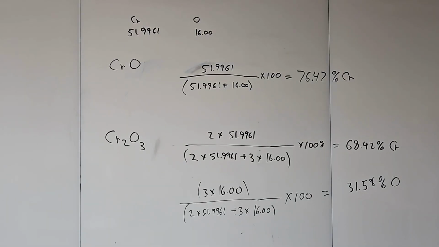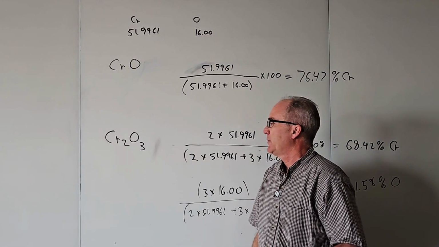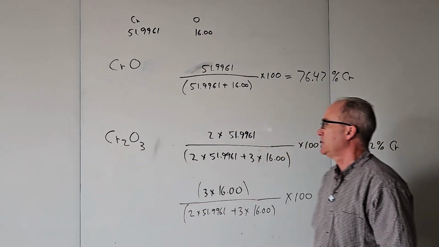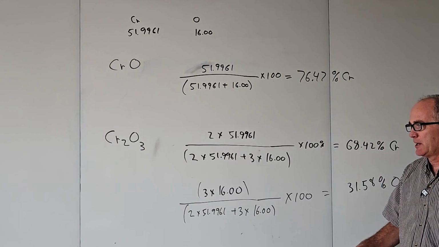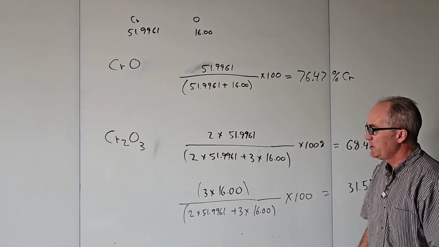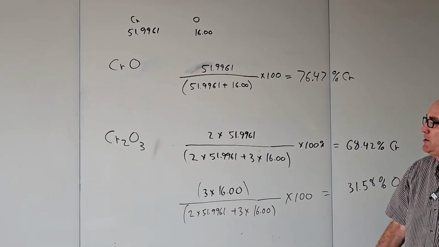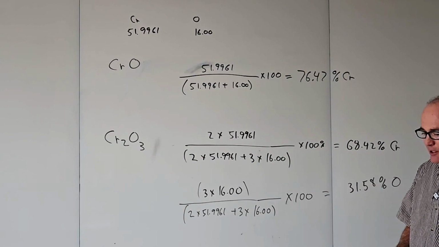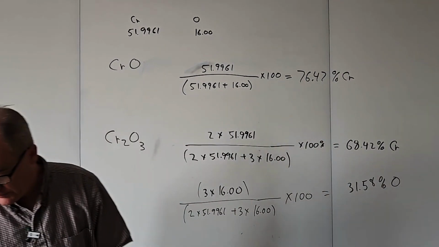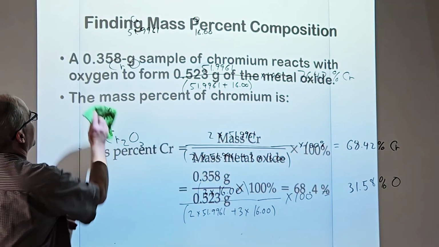All right, so when you find mass percent of a compound, it's finding the percent by mass for the elements in the compound. We might just be asked to do one element or both, and for given formulas, we use the masses off the periodic table, or we might be given some experimental data, like right here.